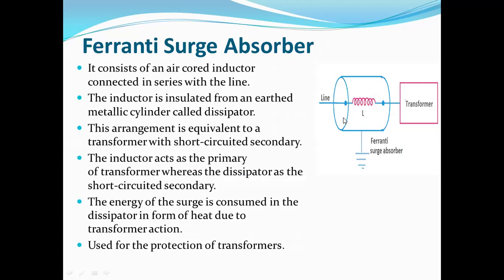So when the over voltage occurs, whatever energy is produced will be absorbed by this and given towards the earth, and in this way the transformer is protected. So that is the Ferranti surge absorber.